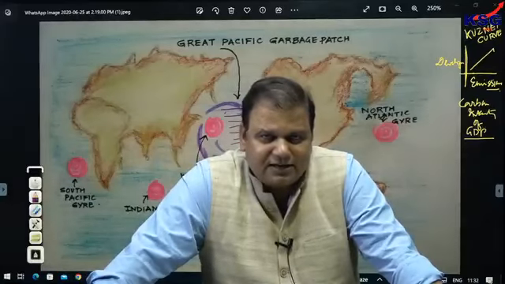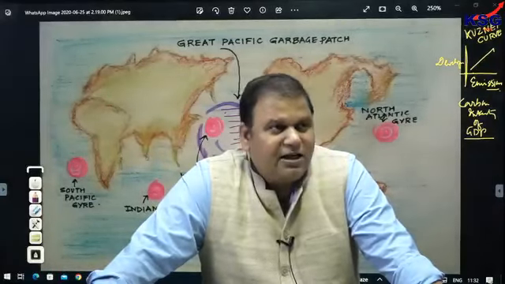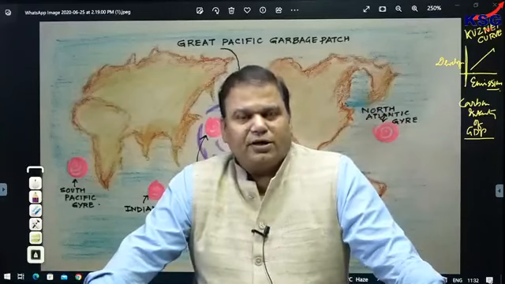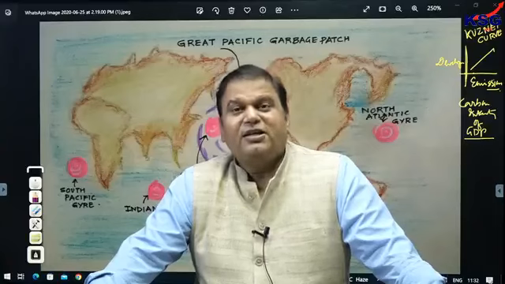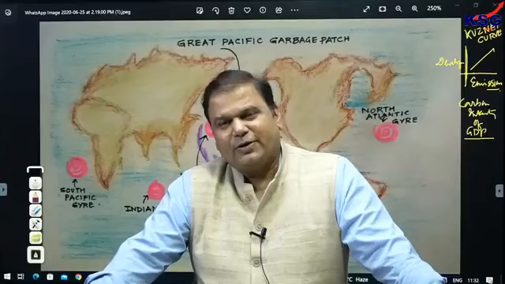Clear? The lakes of India are suffering from microplastic. Why? Because microplastic is also responsible for reducing the oxygen content of the lakes. So that can be said also about microplastic.